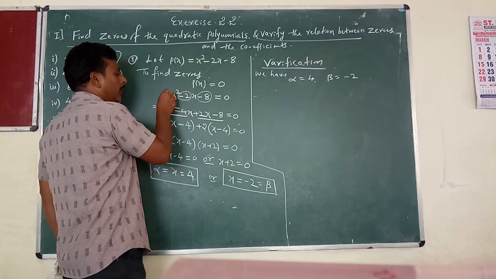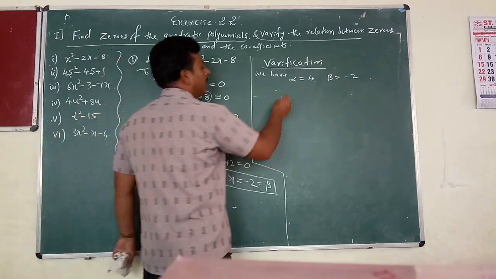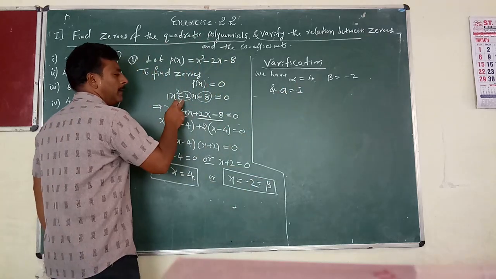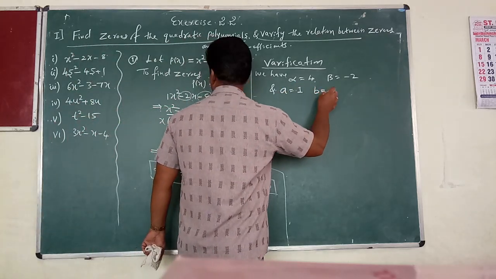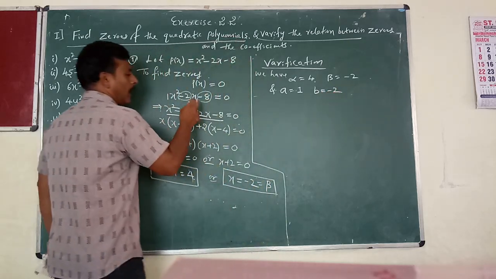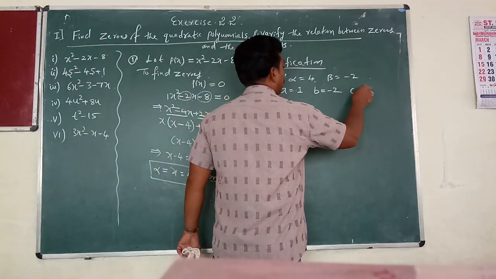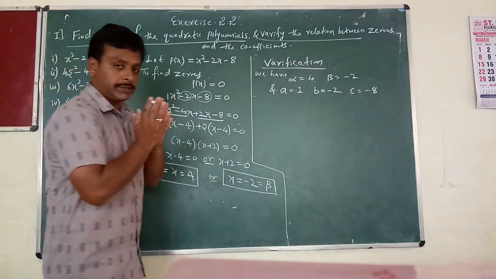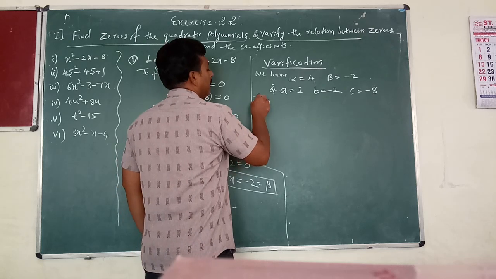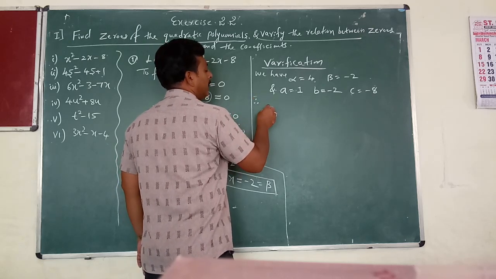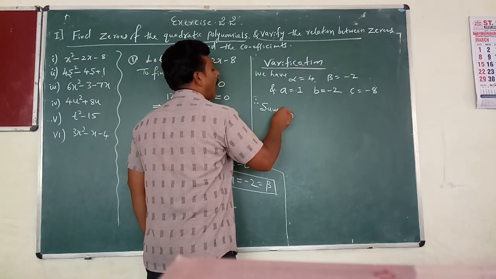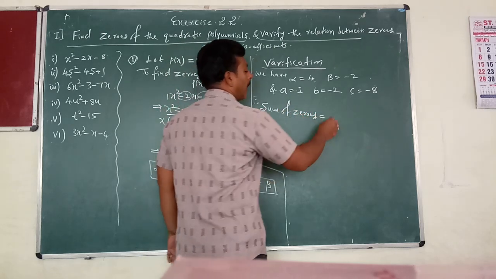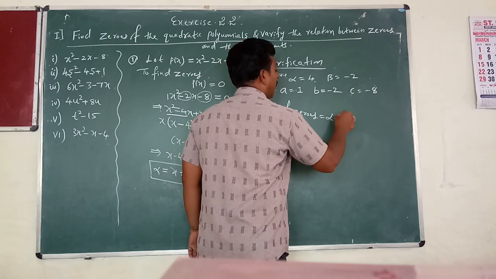The coefficient of the given polynomial is nothing but 1, so a is equal to 1. And b is equal to, I made it a circle already, minus 2. And the c value is equal to minus 8. Now we have to do the verification with the formula. Therefore, I am going to take the sum of zeros is equal to alpha plus beta.